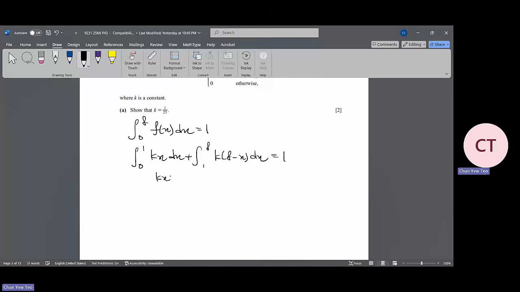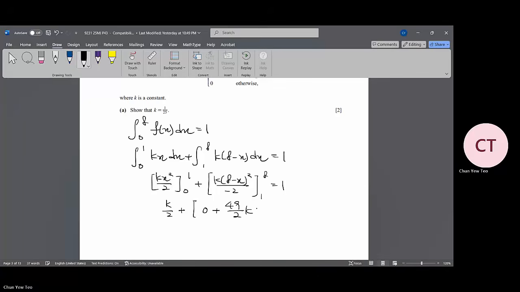You have kx squared over 2 from 0 to 1, plus k times 8x minus x squared over 2 from 1 until 8, equal to 1. So you have k over 2 plus 49k over 2 equal to 1.